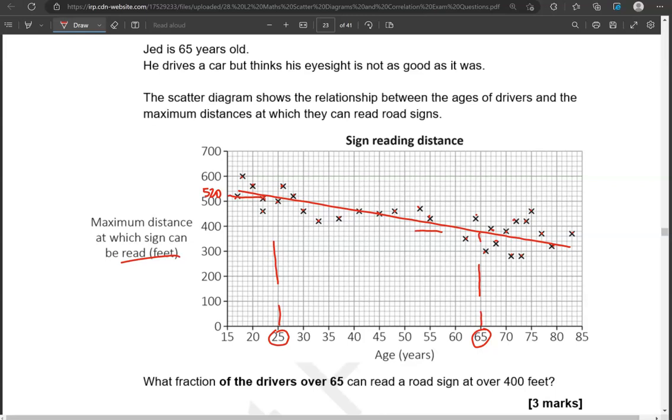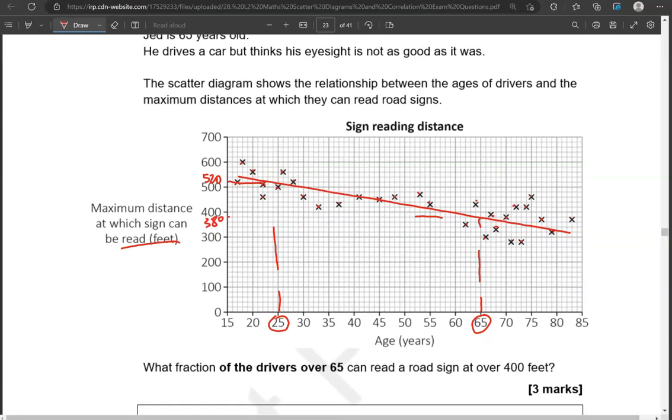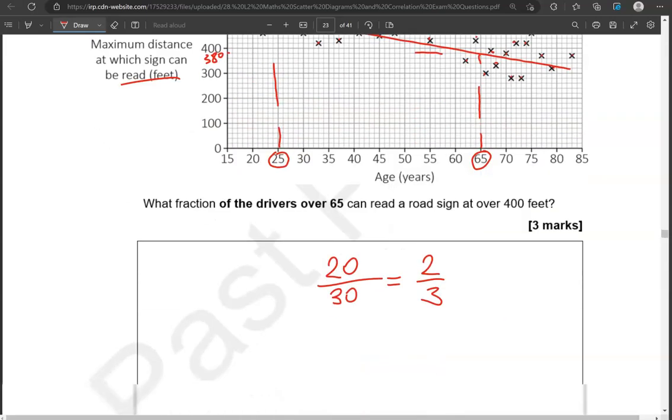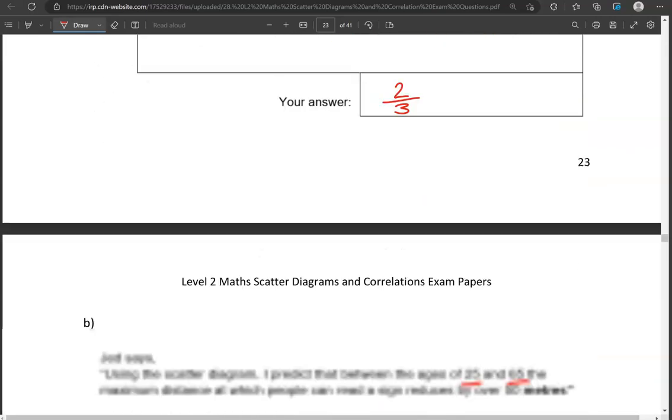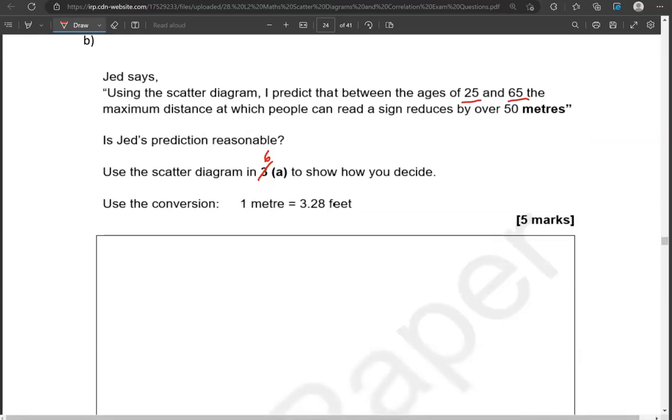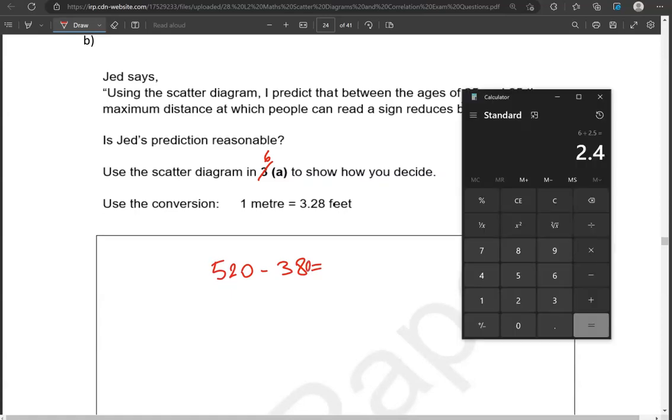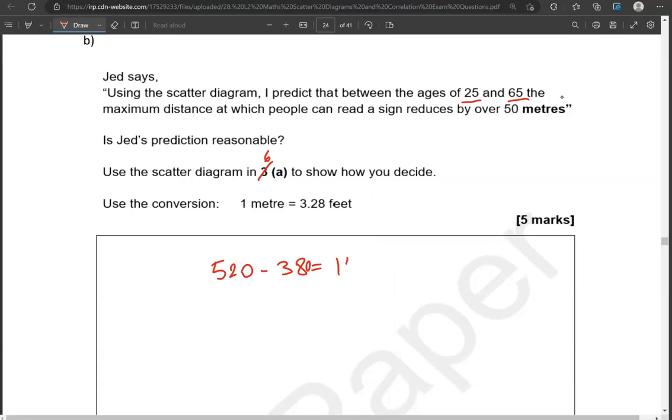And for 65, that is 380. So 520, take away 380 gives us 140. That is feet.